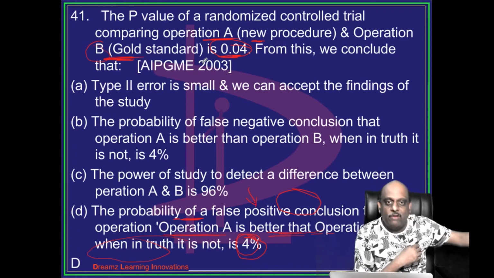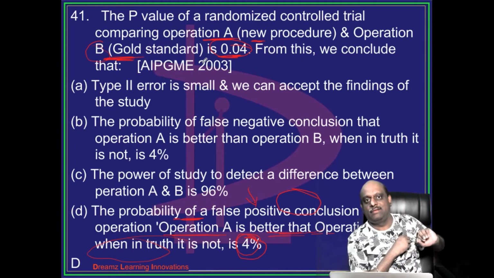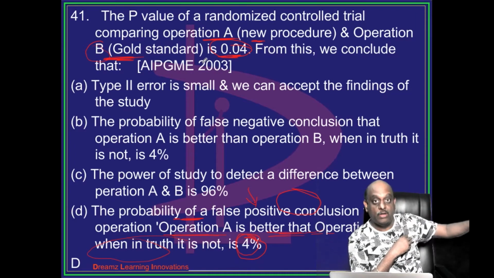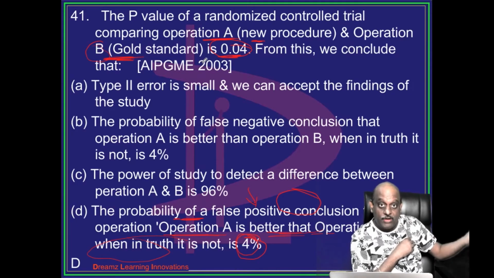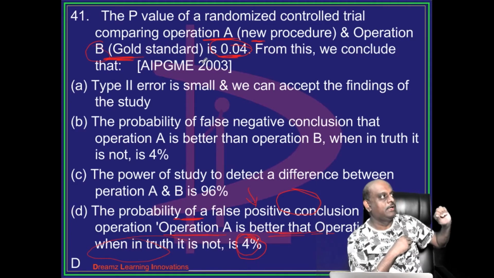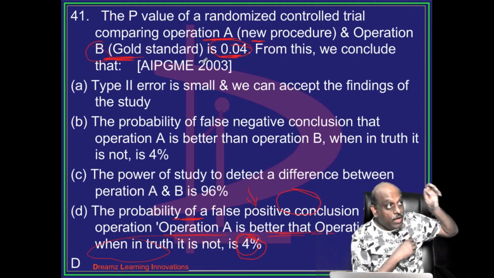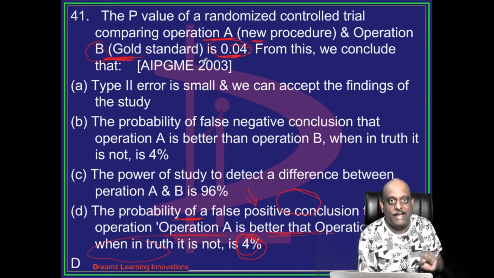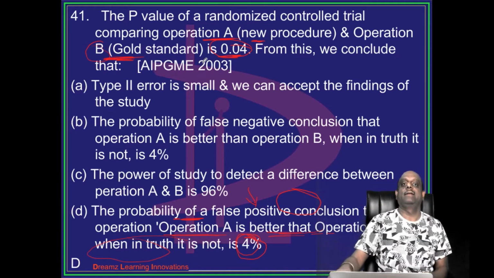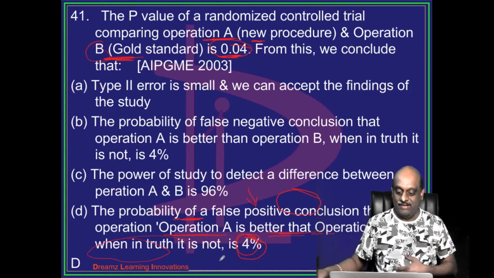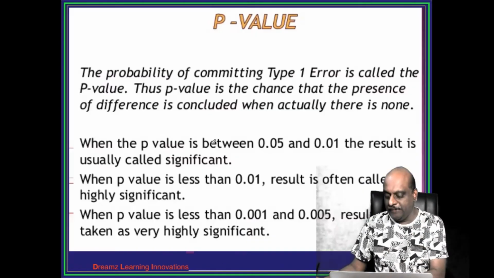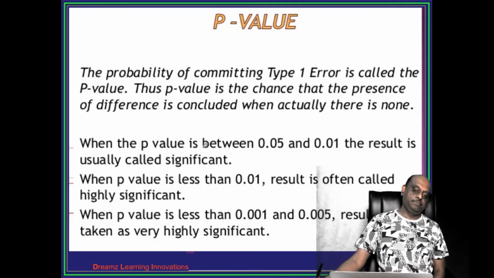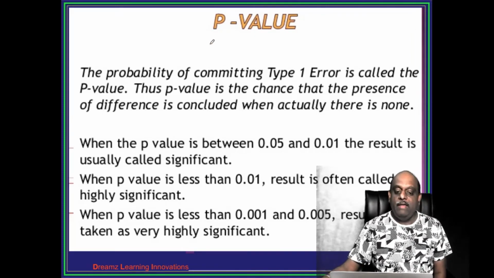The probability of that false positive conclusion, that you are concluding that it is true though it is not true, that is a false positive. So the probability of such a false positive conclusion is called the p-value. Right? Now let us look at this calmly. What is the p-value?